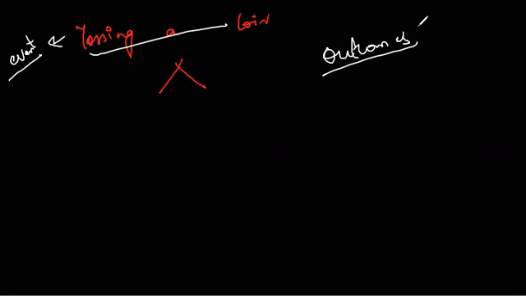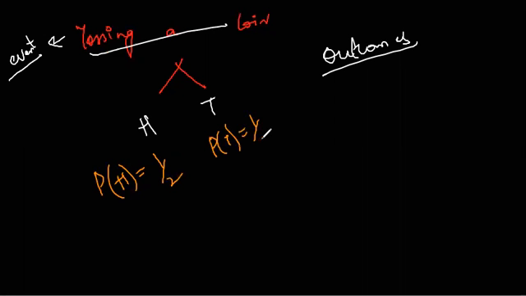The outcomes are that it may be heads or it may be tails. Whenever you toss a coin, you have two scenarios: one is heads and the other is tails. Now if you denote the probability of heads with P(H), you may get a head or you may get a tail, so it will be 1 by 2, and 1 by 2 for tails as well.